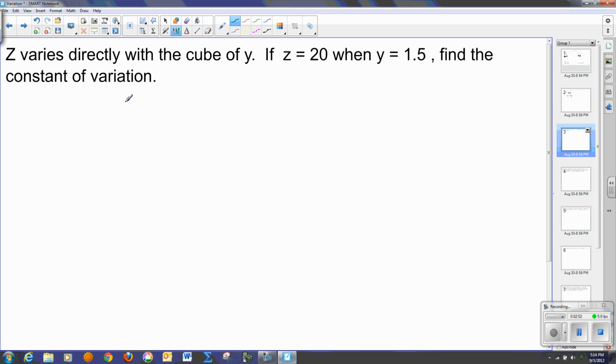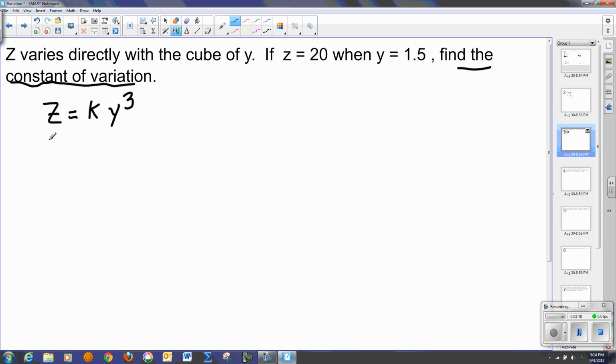So in this case, it says z varies directly with the cube of y. So if I were to write that, I would say z is equal to, since it's a direct variation, k y cubed. And now if you'll notice, they're asking me to find the constant of variation. So we're looking for the k value.